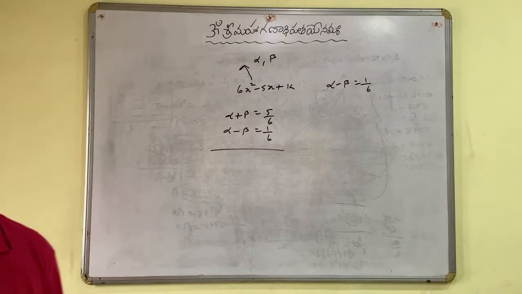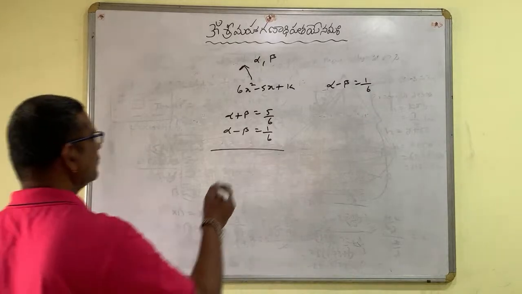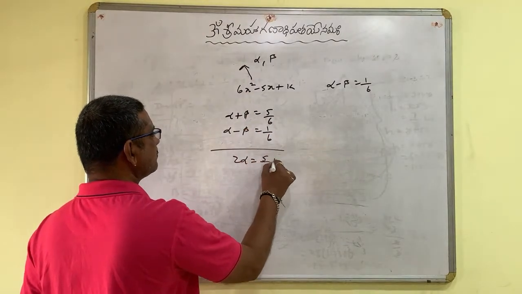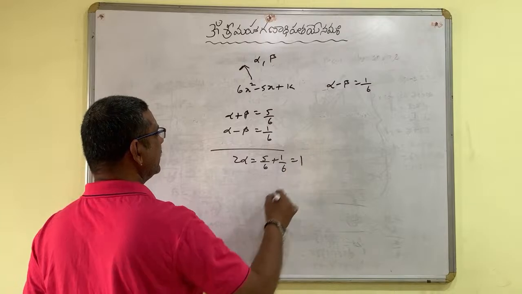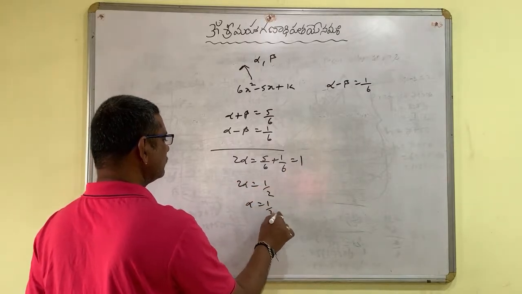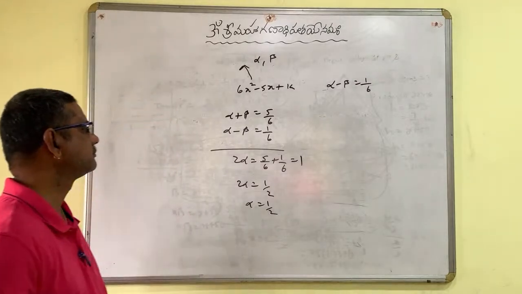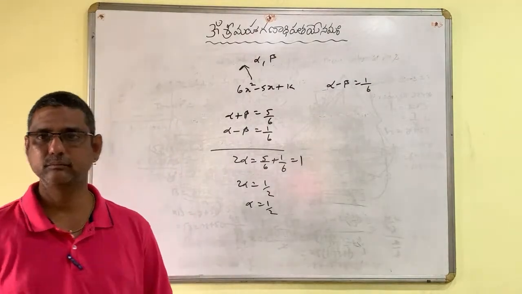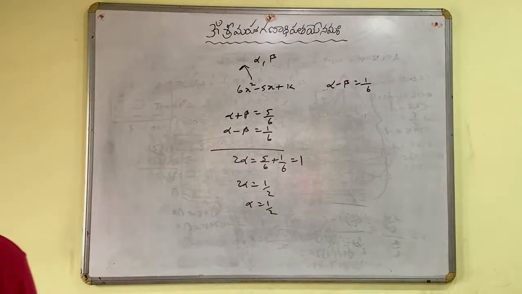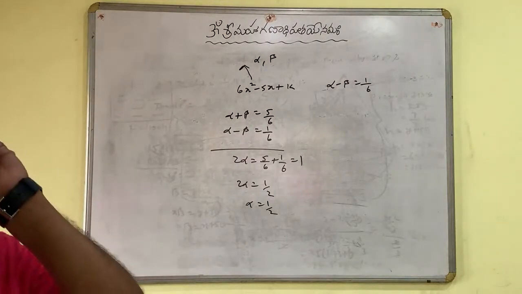Add those two equations. 2 alpha is equal to 5 by 6 plus 1 by 6, which is 1. 2 alpha is 1. Alpha is 1 by 2. No need to find beta. We need to find out the k value.